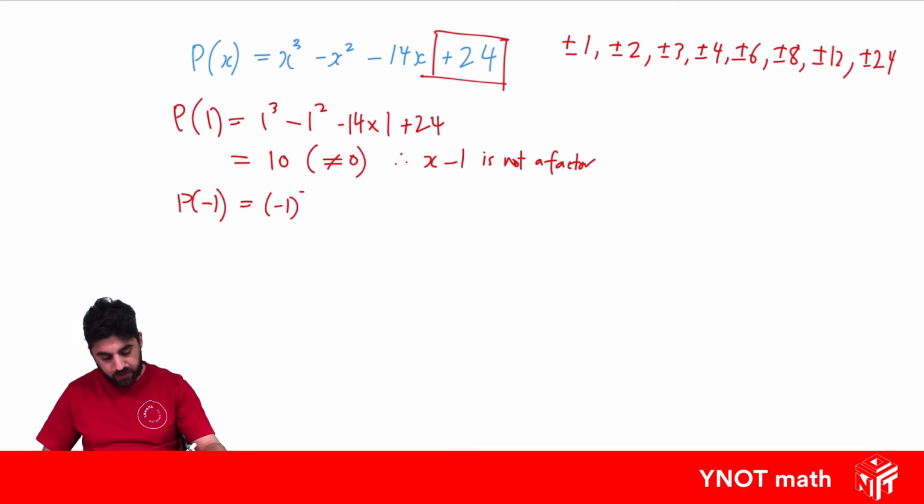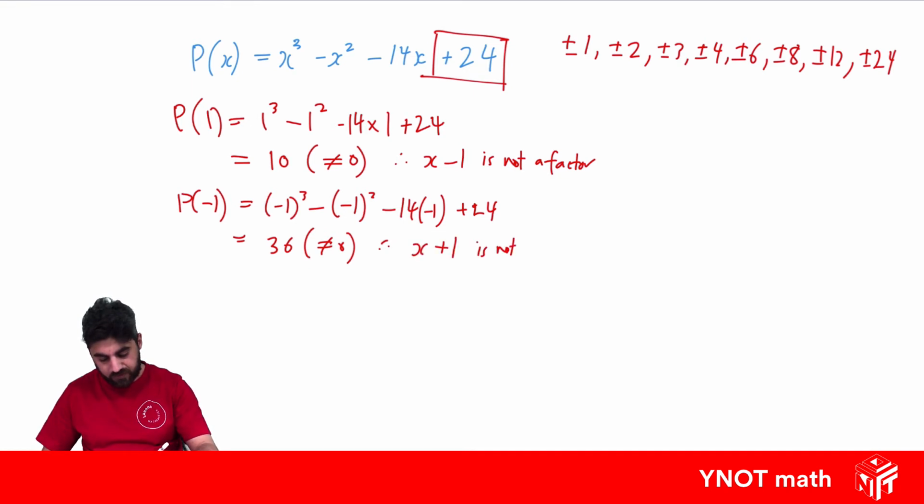We'll have minus 1 cubed minus 1 squared minus 14 times minus 1 plus 24. So if we evaluate that, we're going to get 36, which again is not equal to 0. So therefore x plus 1 is not a factor, because we get x minus 1, which would give us x plus 1.